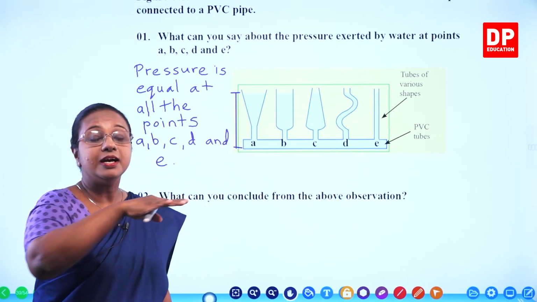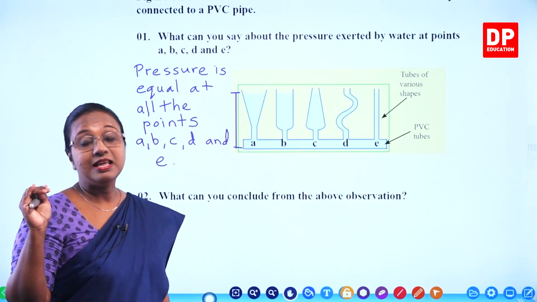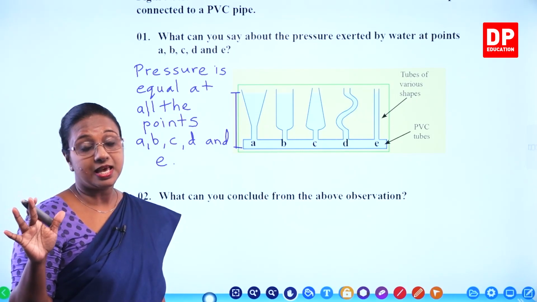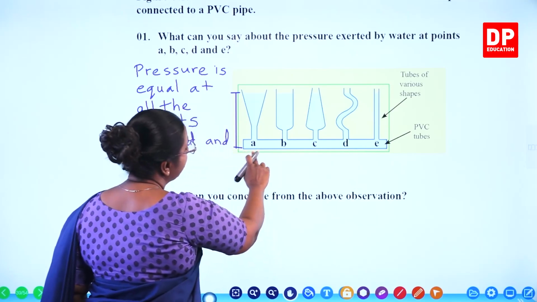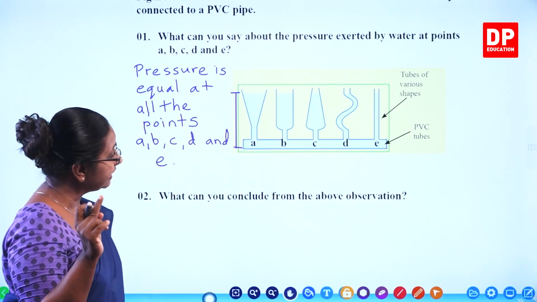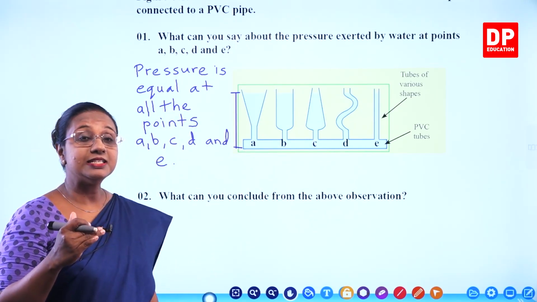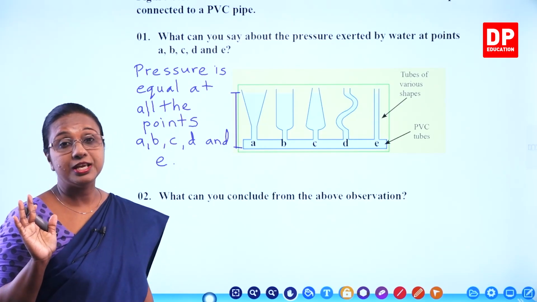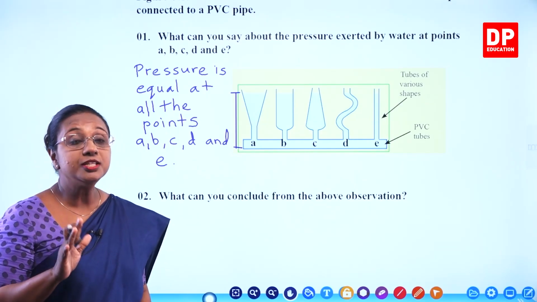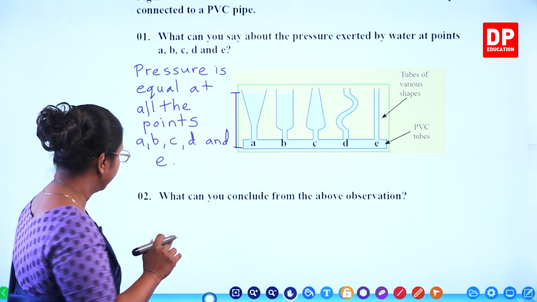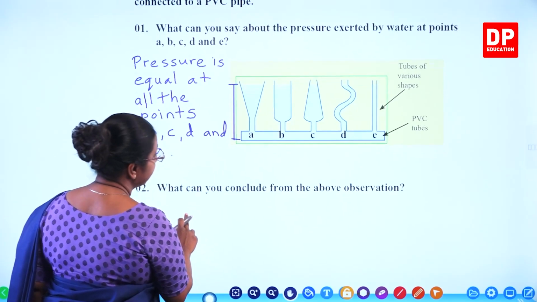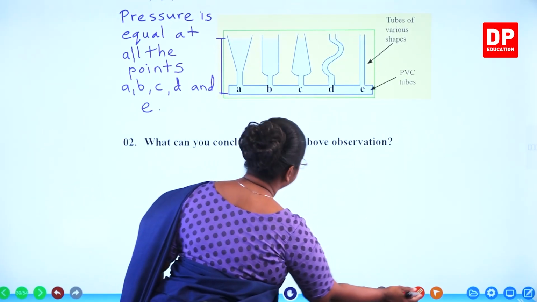In water along the same level, the pressure is the same, so that you all know. So from that we can say the pressure is same at points A, B, C and D and E. So the vertical height is the same. So pressure depends only on the vertical height, not the shape of the container and not the volume of the liquid. So that is what you can say from the above observation.